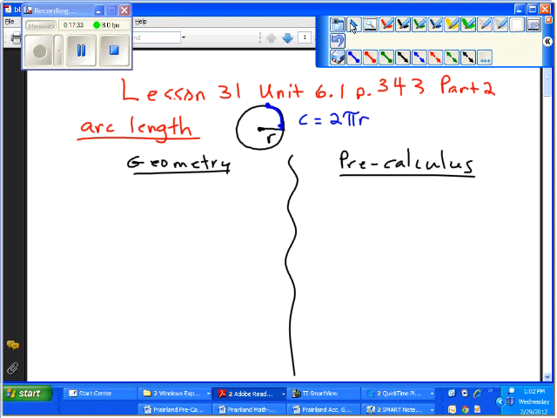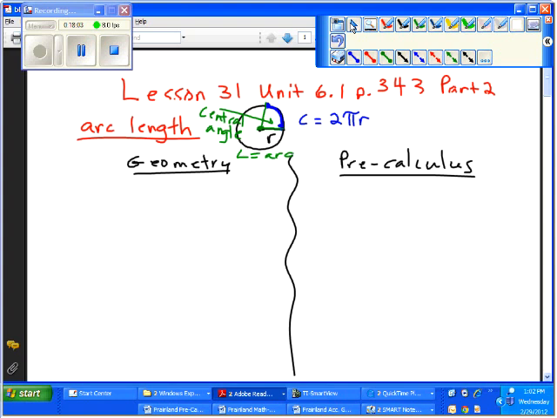Also in geometry, you learned that a central angle is an angle whose sides are radii of the circle and whose vertex is the center of the circle. That is called a central angle. You learned that a central angle is equal to the measure of its intercepted arc.